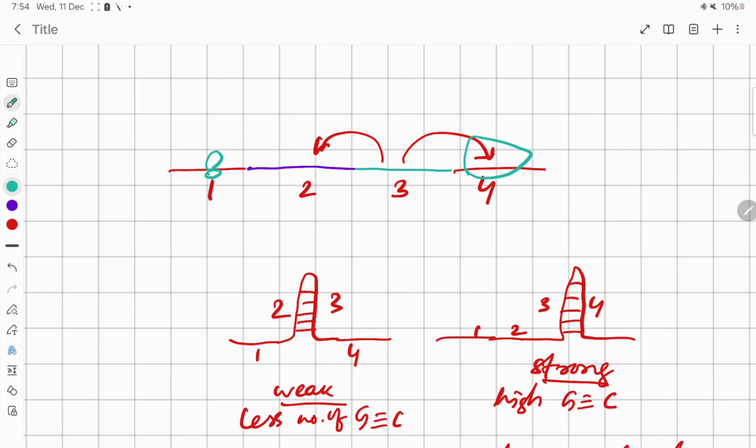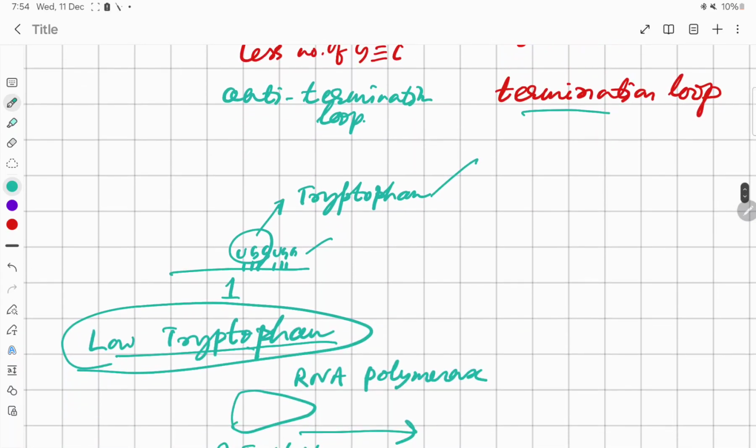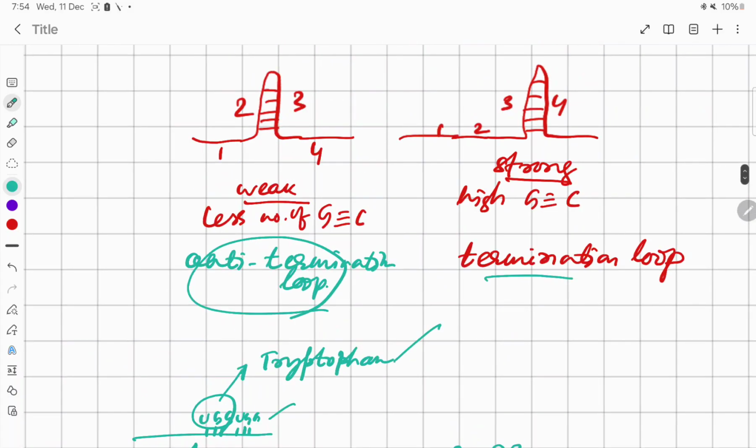In this condition, what will happen? There will be binding of 2 and 3. So if there is low tryptophan, there will be binding of 2 and 3, which will act as an anti-termination loop. This is because it is weak, and then it will go for tryptophan synthesis.